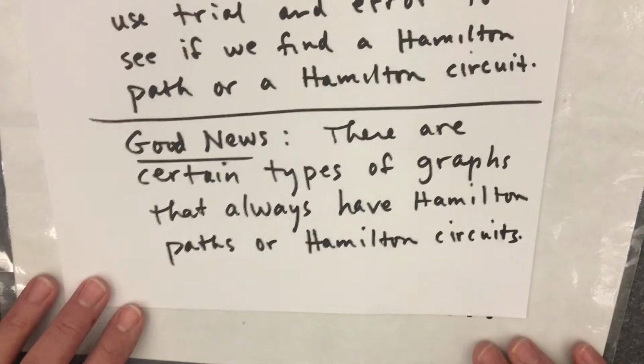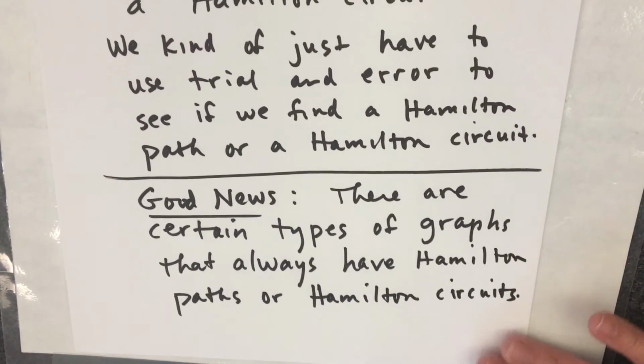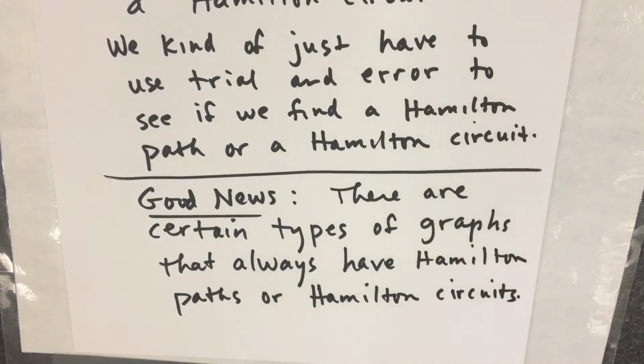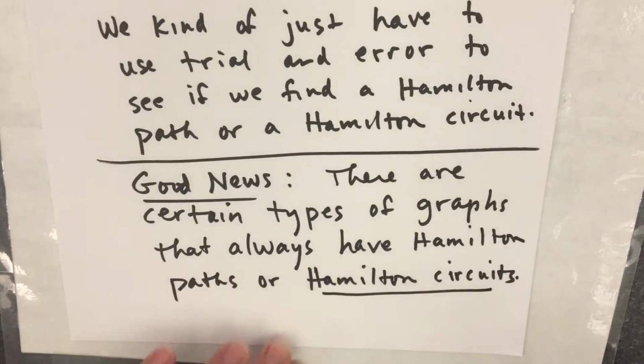So while you might have been sitting there almost in a panic mode when I said we really don't know a surefire way to find them, the good news is there are certain types that always have it, and we're going to study one of those types in this class. The type that will always have Hamilton circuits is a complete graph.